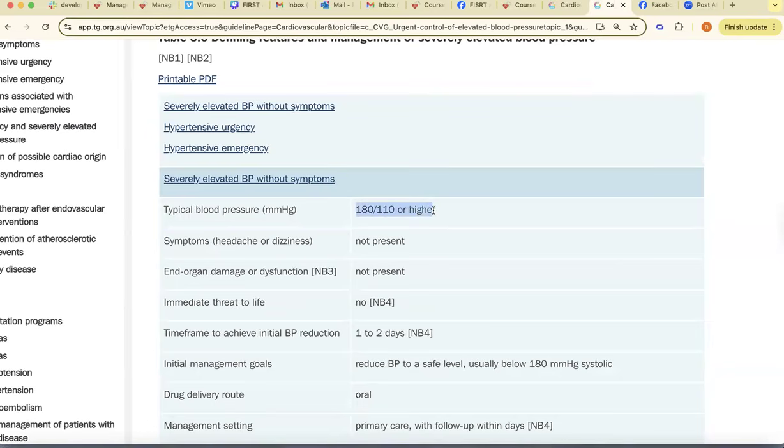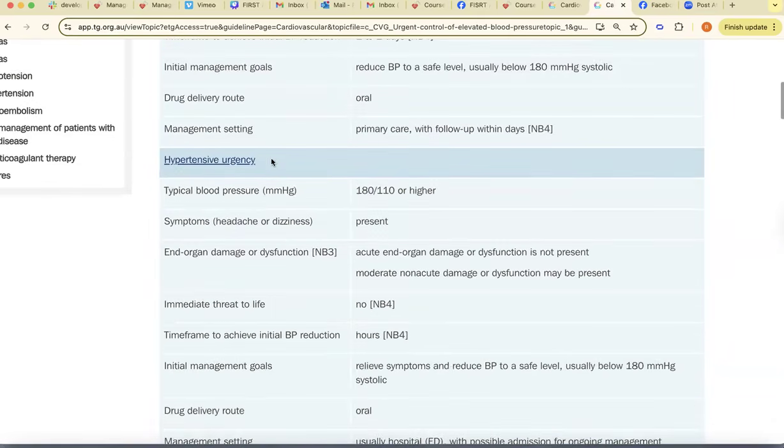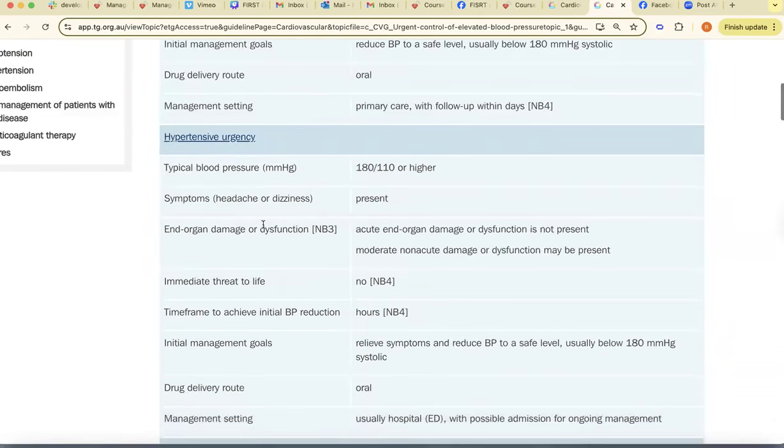That is called severely elevated blood pressure. Then we have hypertensive urgency, who has elevated BP and also symptoms, but no end organ damage, which means their kidney and their retina are intact.